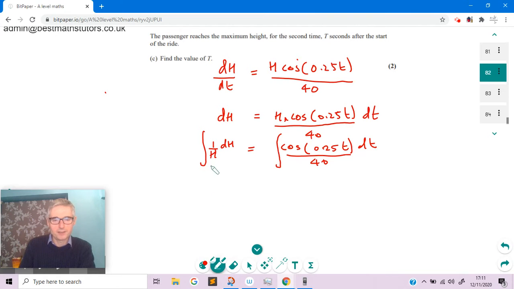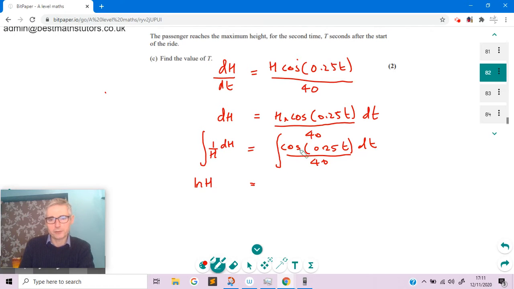On the left-hand side, if I've got 1 over the thing that I'm integrating, that turns into the natural log of h, and strictly plus a constant as well. It's not a definite integral, but because I'm going to add a constant on the right-hand side, I don't really need to put a constant on both sides.